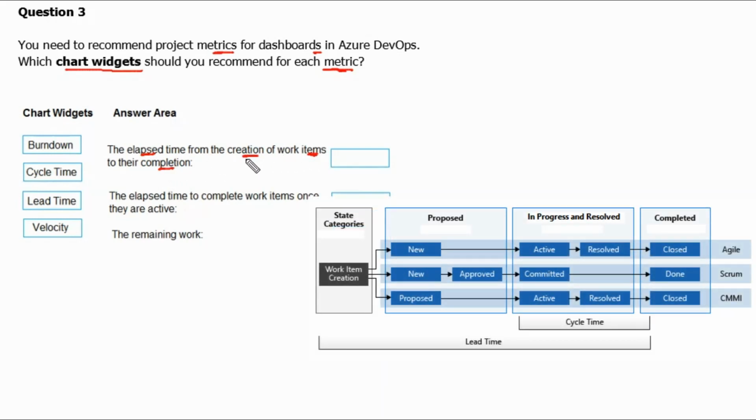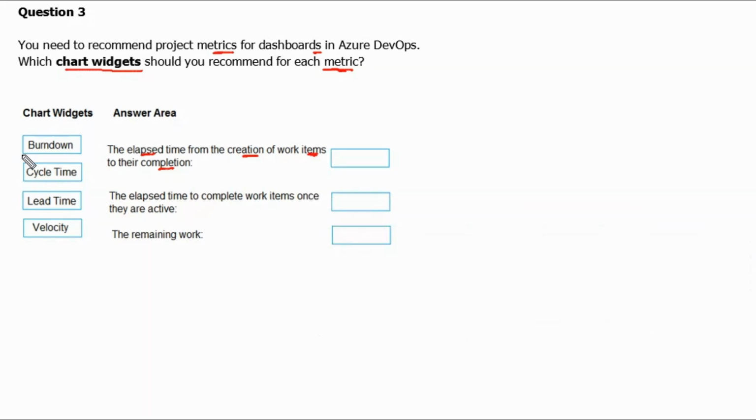As we know from the previous question, the elapsed time from creation of a work item to its completion is called lead time. If we give numbering to these options, burn down will be number 1, cycle time number 2, lead time number 3, and velocity number 4. For elapsed time from the creation of the work item to its completion, number 3 is the correct answer.